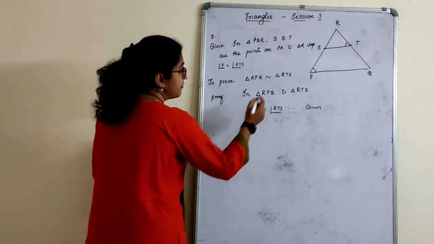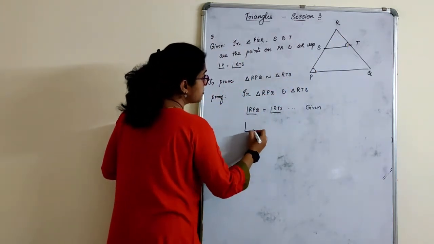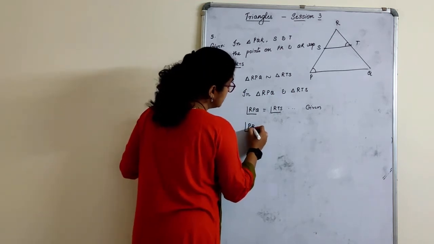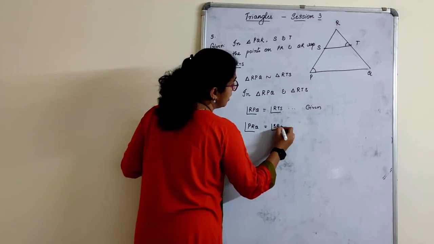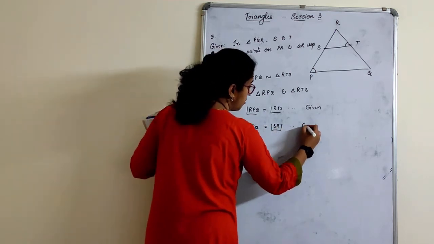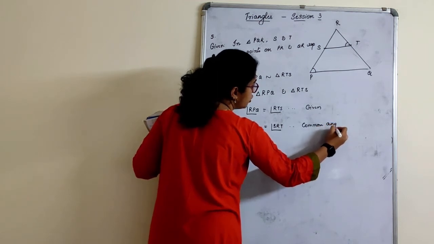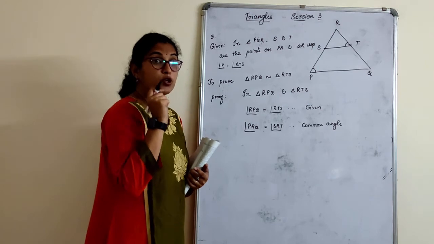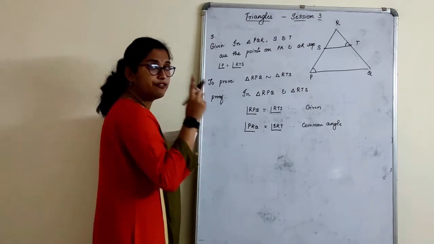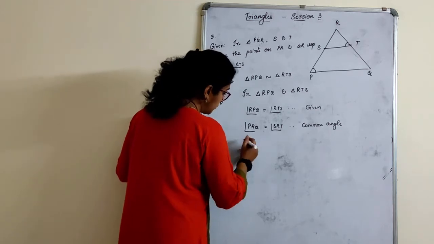Common angle we have. So R is common for the smaller triangle as well as the bigger triangle. Angle PRQ is equal to angle SRT, common angle. Always choose all the three vertices because proportional sides will be easy to write. Enough. Two angles we have taken. Third is automatically equal. Need not write also.